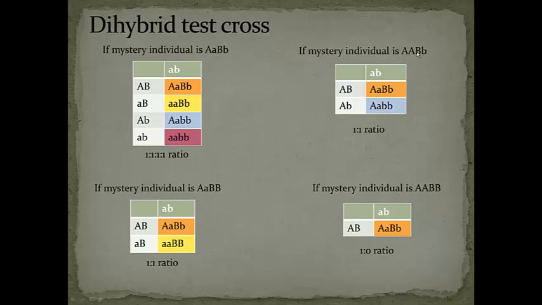However, the trait that your mystery individual is heterozygous for, you're going to see a 50-50 split, where half of your offspring are going to display the dominant phenotype and the other half are going to display the recessive. Same thing down here, half dominant A, half recessive A. So it actually does have some use, these test crosses.